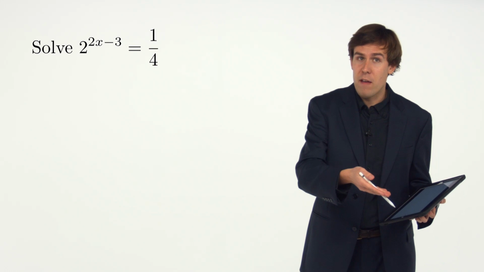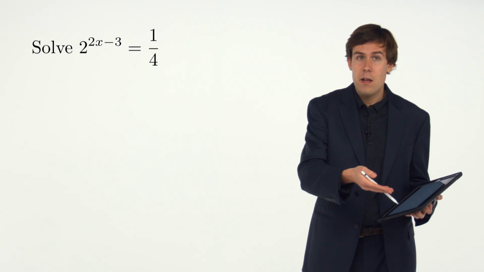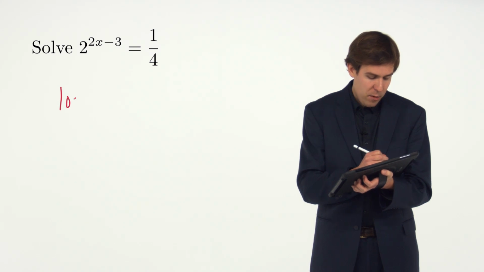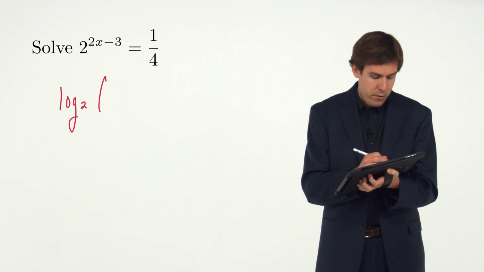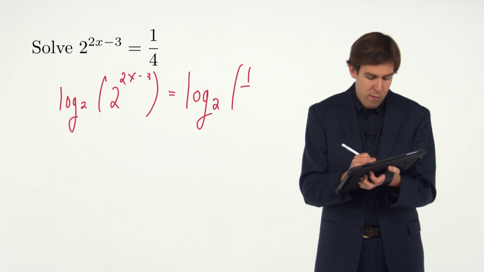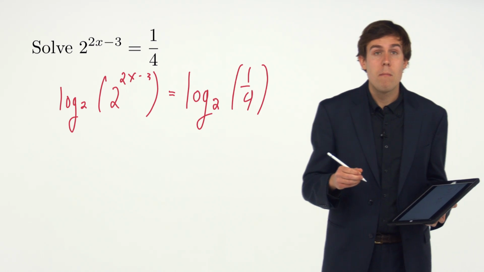The exponential on the left-hand side will disappear, and I'll be able to solve a more simple equation. So we'll say log base 2 of 2 raised to the power 2x minus 3 equals log base 2 of 1/4.